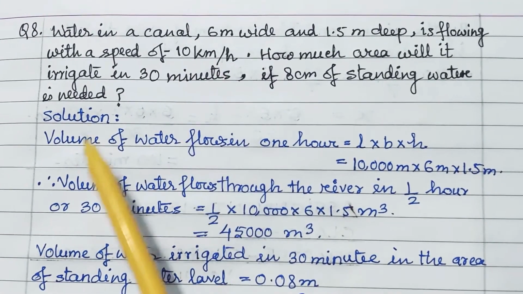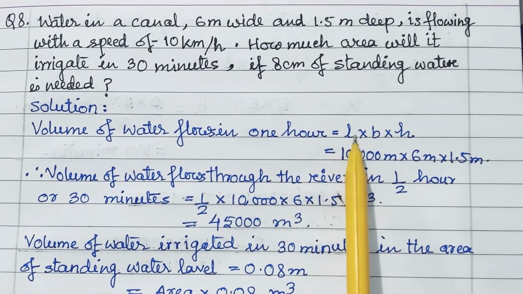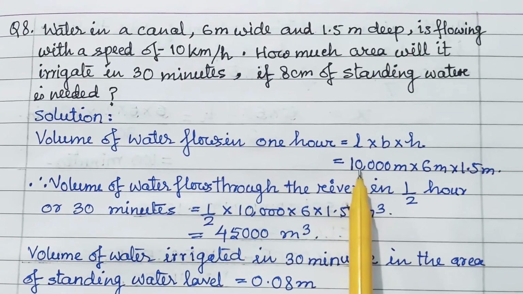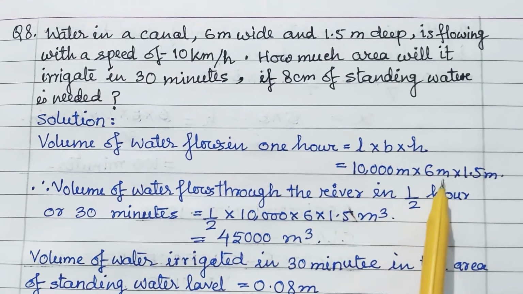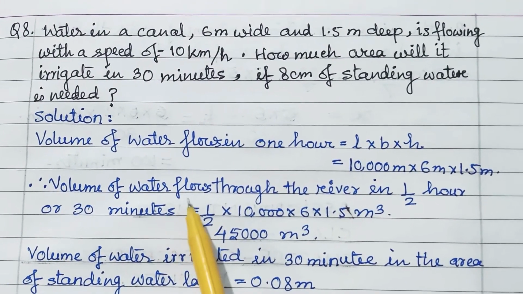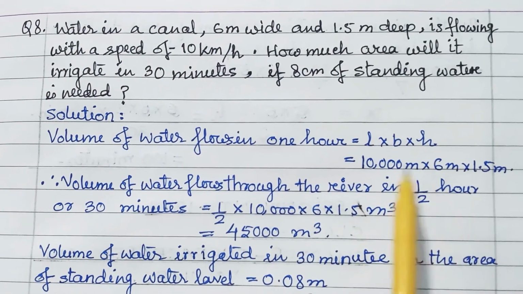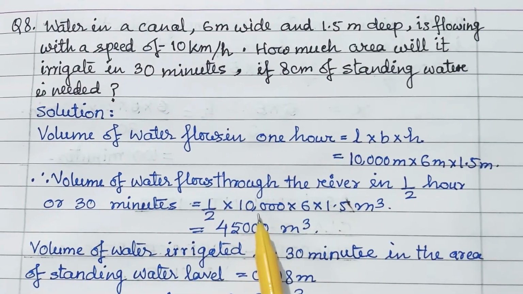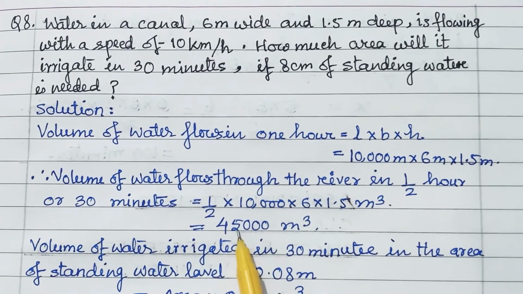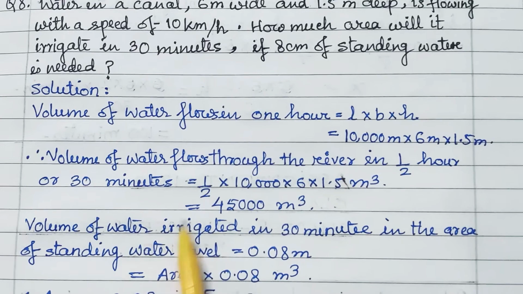So the volume of water flowing in 1 hour is length into breadth into height. Length is 10 kilometer, that means 10,000 meter, into 6 meter into 1.5 meter. The volume of water flowing through the canal in half an hour is half of this. So half into 10,000 into 6 into 1.5 meter cube, which is 45,000 meter cube, the volume of water in the canal.